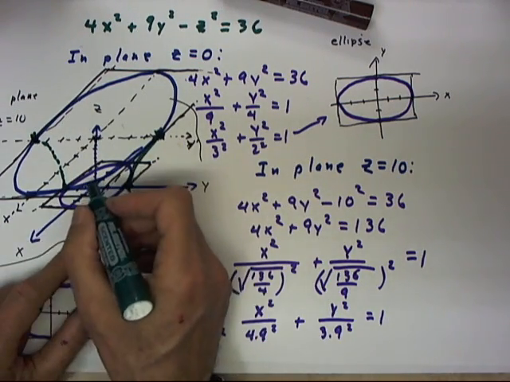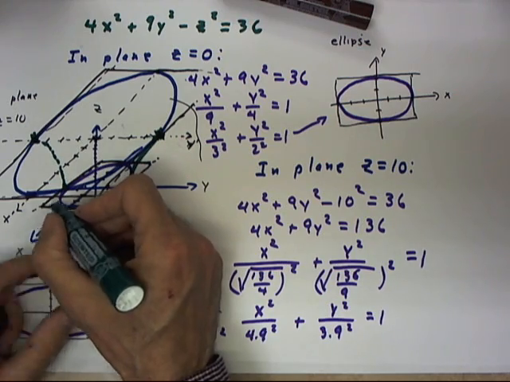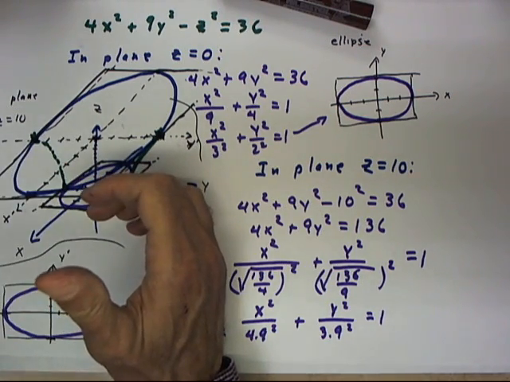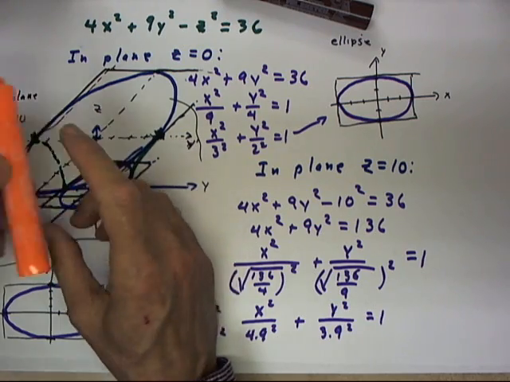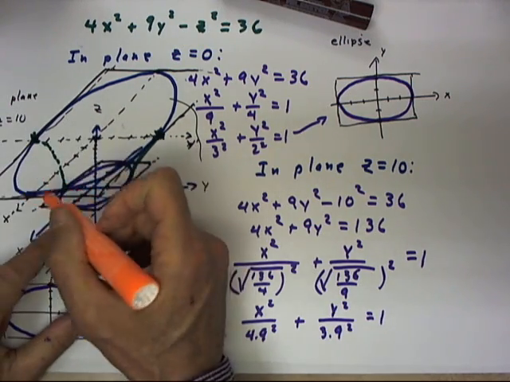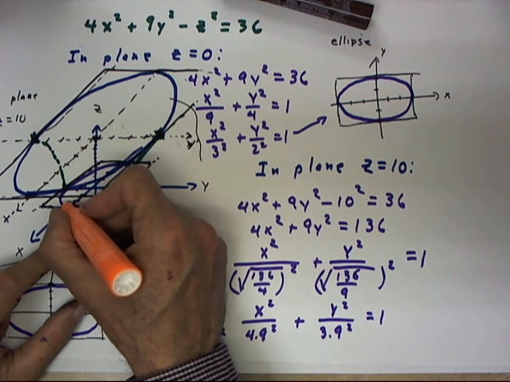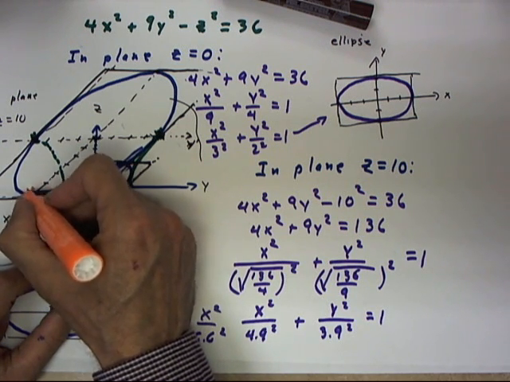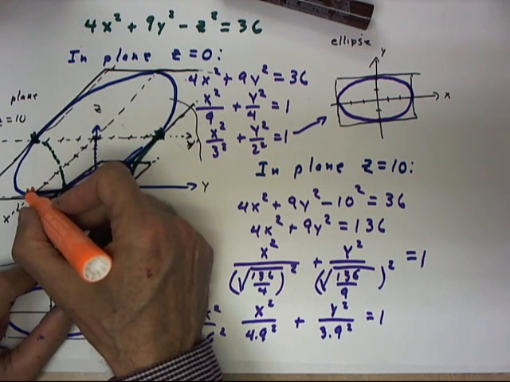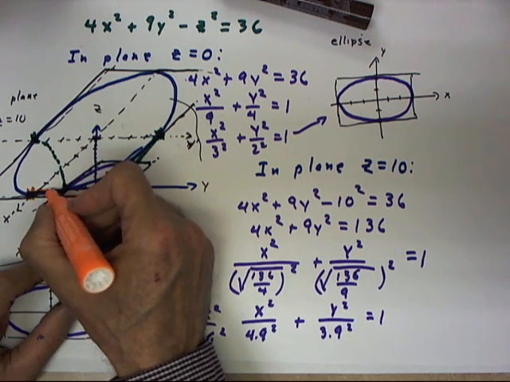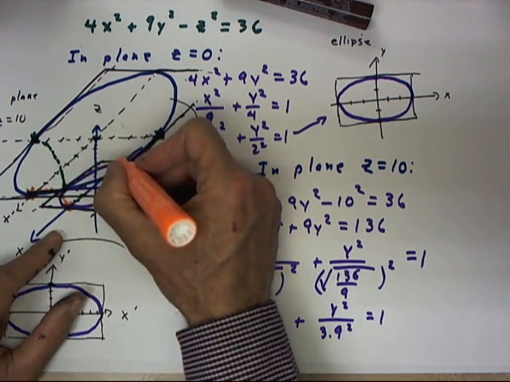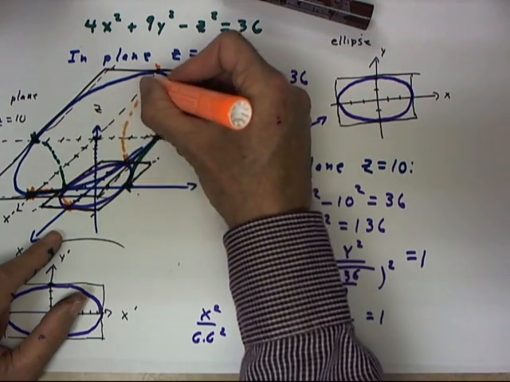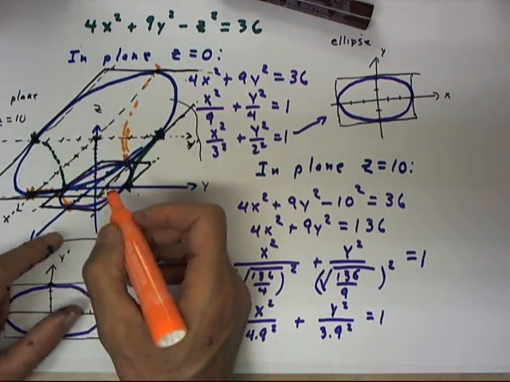Similarly, if we look at the xz plane, we would again get a hyperbola, and that hyperbola we could easily verify would go through these 2 points and these 2 points. So the hyperbola would sort of look like this.